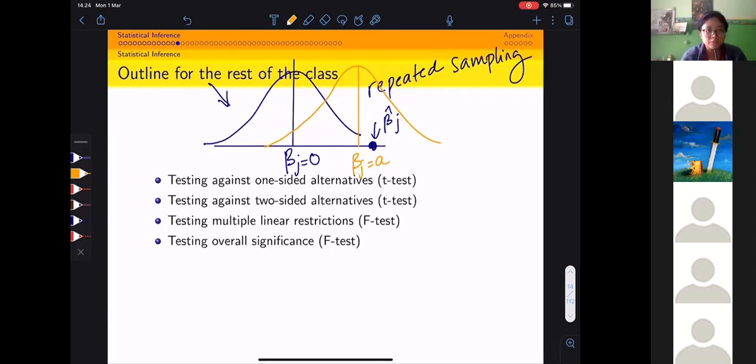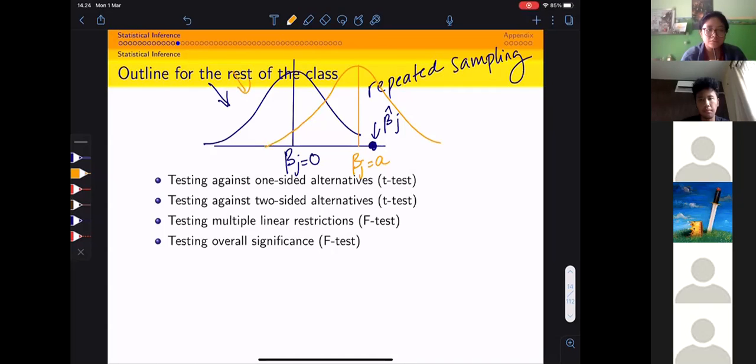Well, the simple idea is that we don't know whether the null hypothesis is true. Going back to the discussion of this graph, we only assume that the null hypothesis is true. Do we know that it's actually true? No. Why? Again, we don't know the value in the population.